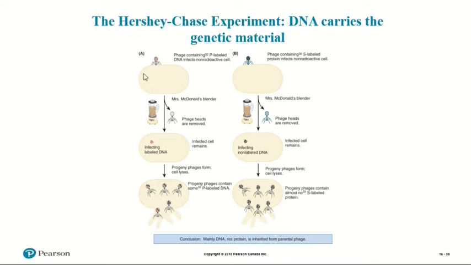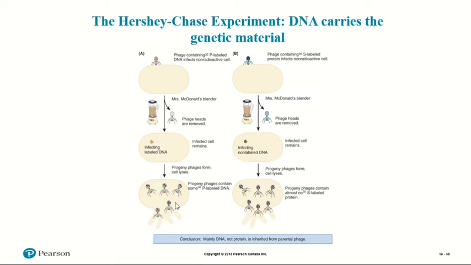So as we watched in the video, when the bacteriophage invade or infect the bacteria, and later you use the blender to remove the phages that are not inside of the bacteria, later what is going to happen is that the virus is going to attach to the DNA of the bacteria in both cases.